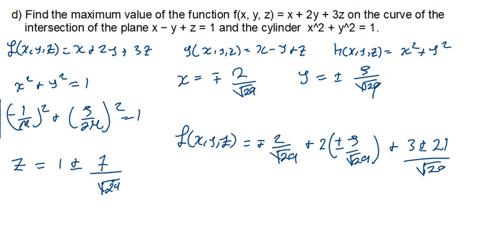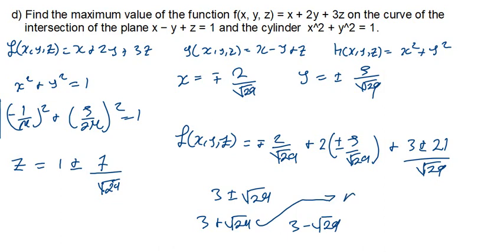So what you're going to find is that the value you're going to have is 3 positive or negative root 29. Since we are looking for the max, here we have two values: 3 plus root 29 as well as 3 minus root 29. The 3 plus root 29 happens to be our maximum.